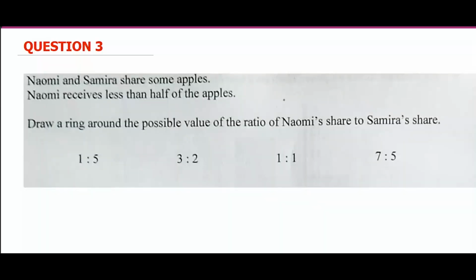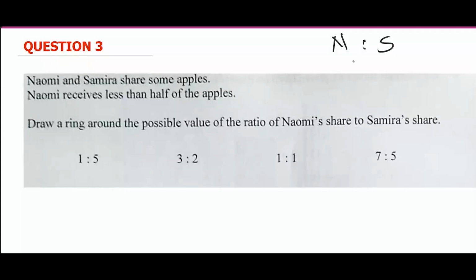Naomi and Samira share some apples. Naomi receives less than half of the apples. Draw a ring around the possible value of the ratio of Naomi's share to Samira's share. In this case, we are going to have N for Naomi, then S for Samira.